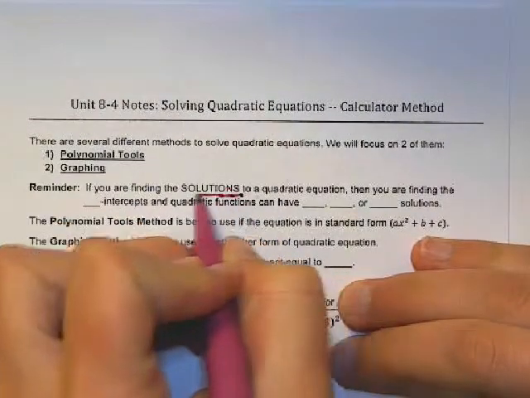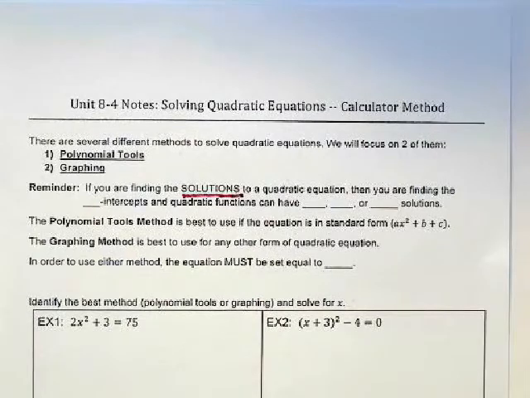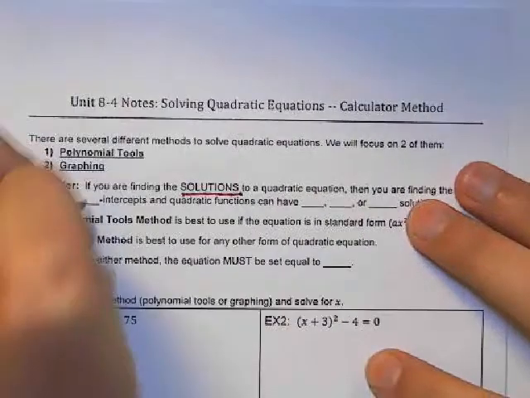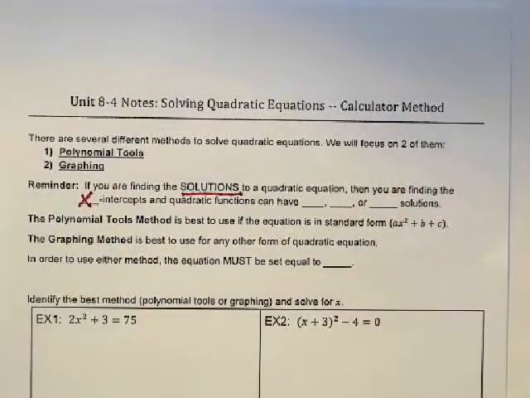What does solutions mean? If you're finding the solutions to a quadratic equation, you're finding the x-intercepts. Up here, y'all see roots? We've talked a lot about roots this unit. Roots means what? X-intercepts. Zeros mean what? X-intercepts.